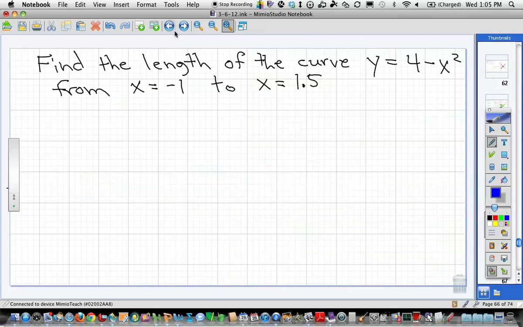So let's go back to our problem. The problem says find the length of the curve from -1 to 1.5 of y equals 4 minus x squared.